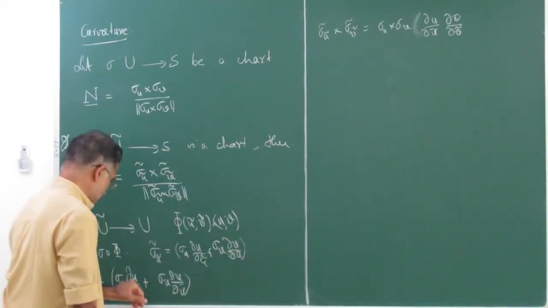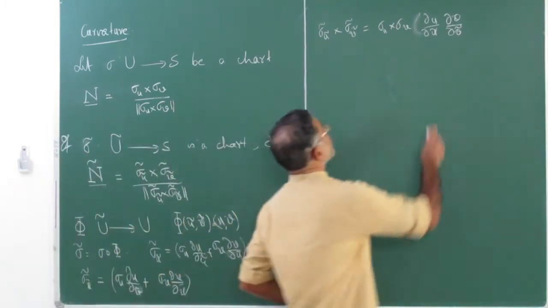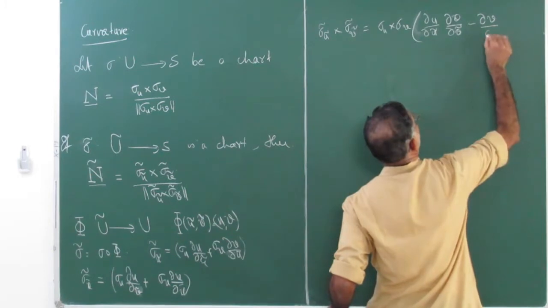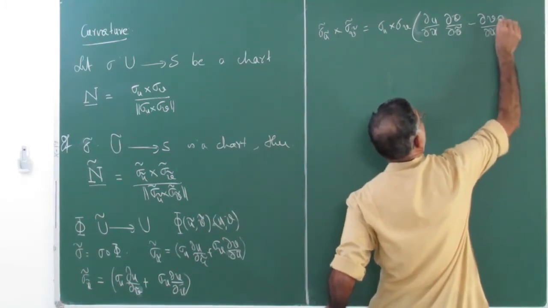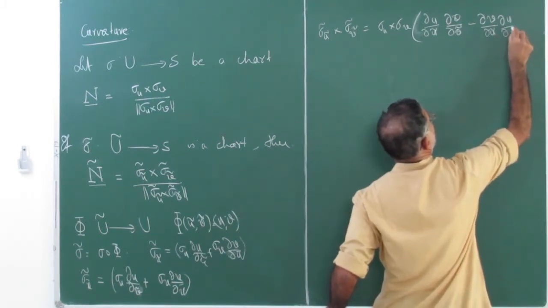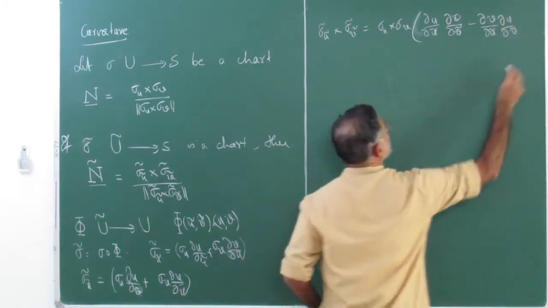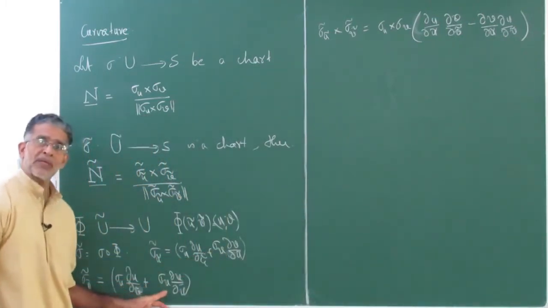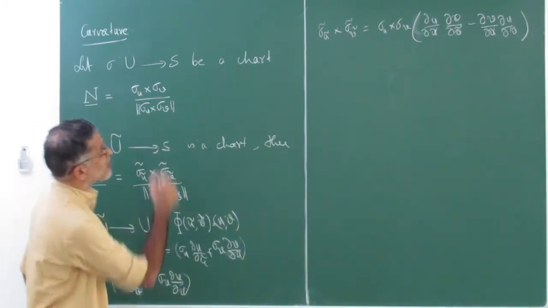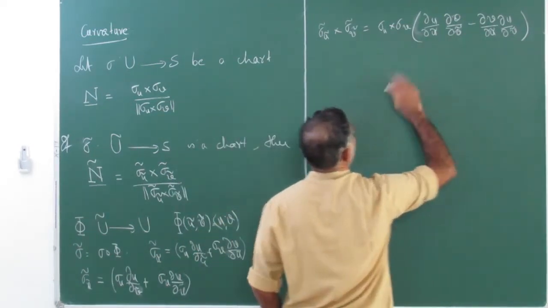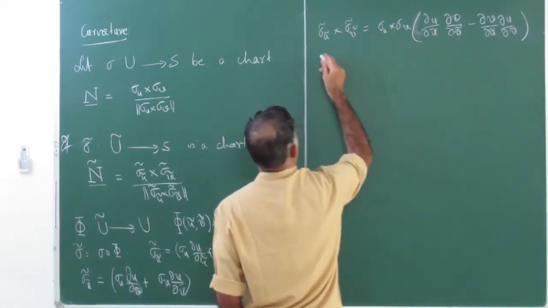Minus dv by du tilde, du by dv tilde. Okay, and what is the last term? Sigma v cross sigma v, that is 0. So therefore that is the one. This is exactly the determinant of the Jacobian of phi. So it doesn't matter to us at all.